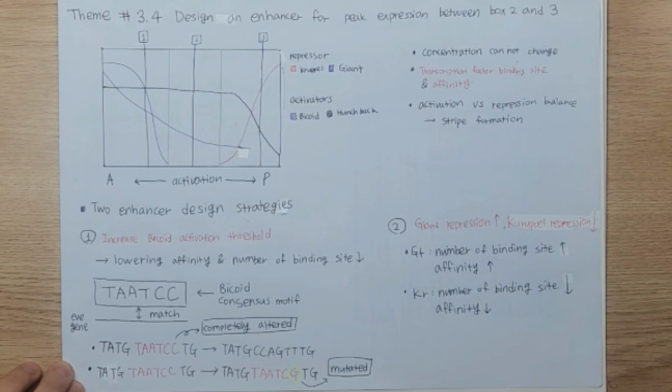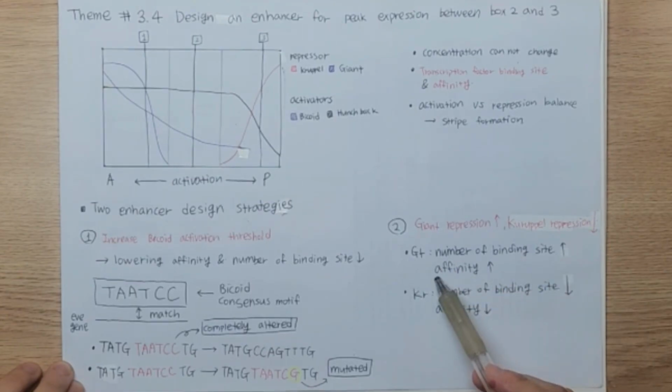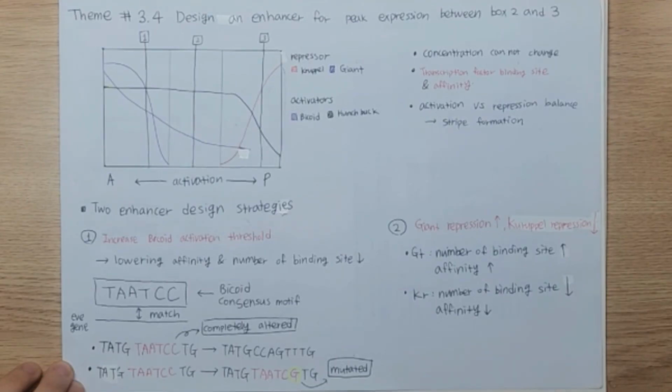To shift the stripe posteriorly, giant repression should act more strongly than in the current state, and Krüppel repression should act more weakly. In practice, this can be achieved by increasing the number of giant binding sites or modifying its consensus motif to raise affinity. For Krüppel, the number of binding sites can be reduced or a core nucleotide can be changed to lower affinity.